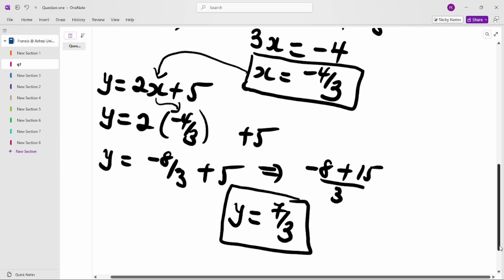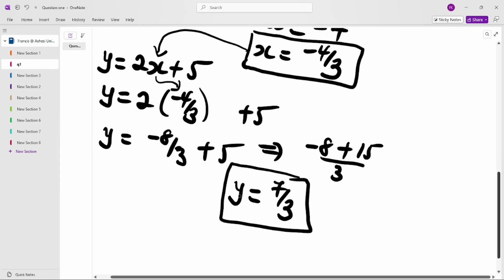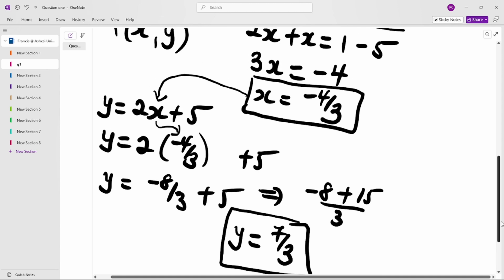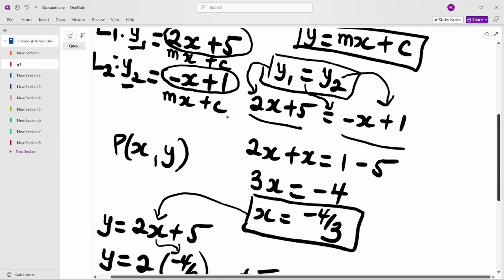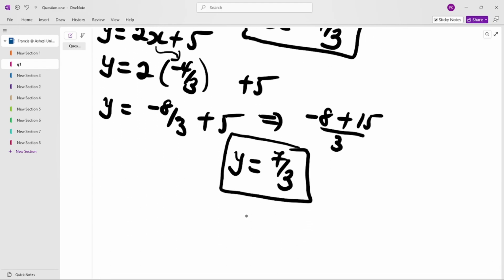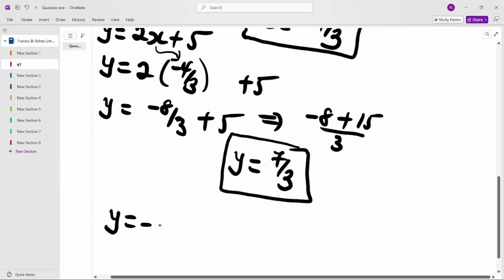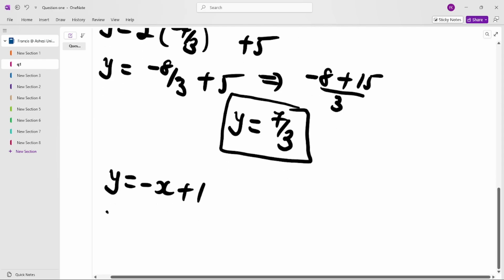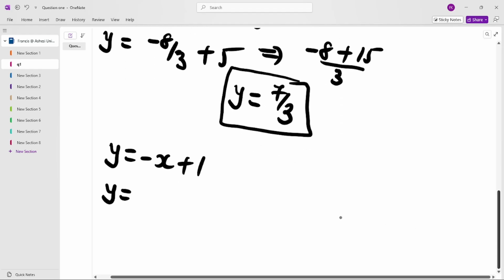So the point of intersection, this is what I did for y1. Let me try it for the second line as well, to see if I will get the same thing. Y is equal to negative x plus 1. I'm trying for the other line, so I'll put in the value for x. The value for x that we got was negative 4 over 3.